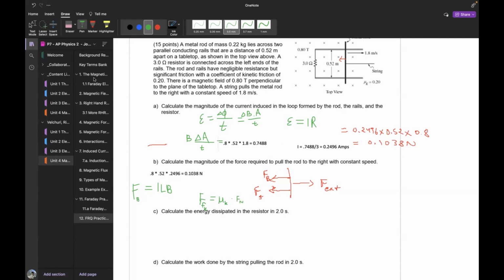F normal here will be equal to F gravity, which is 0.22 kg times gravity, 9.8. The mu k is just 0.2. I'm just finding the normal. You are calculating the total. Okay, you can directly calculate it. FK.